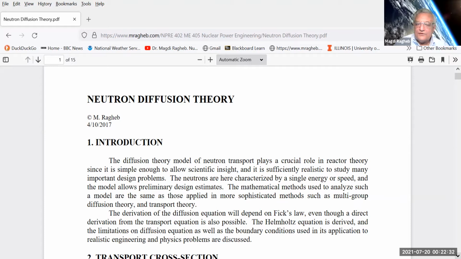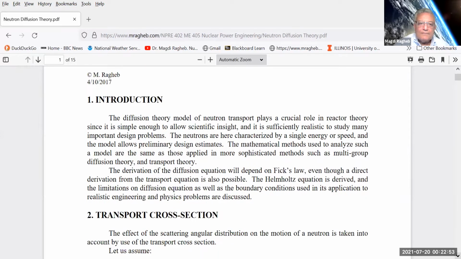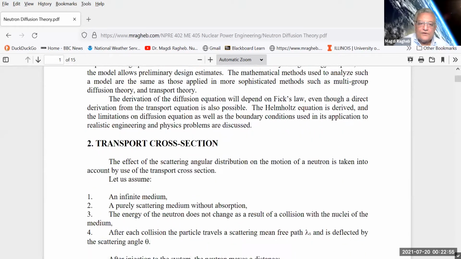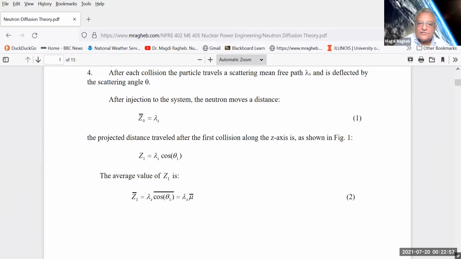So diffusion theory is used in the design of existing nuclear power plants when you have a good moderator being used. If you don't have a good moderator, then you have to go back to what's called transport theory. I have a chapter there. You can read about it in more detail. When you use diffusion theory, we use what's called the transport cross-section.